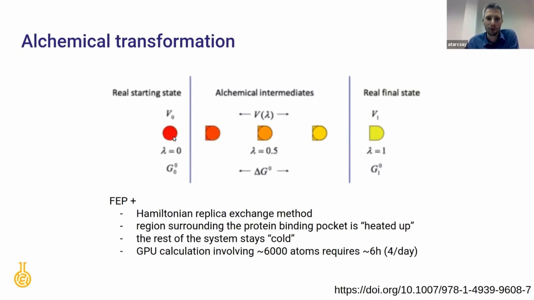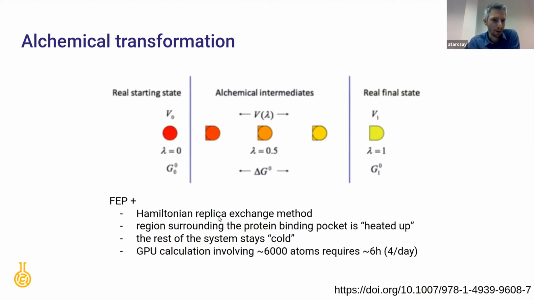Let's think of changing a hydrogen to a chlorine, and you change step by step the van der Waals radius and the charge through dummy atoms from the starting state to the real final state. And then from this simulation, you can calculate the delta G.